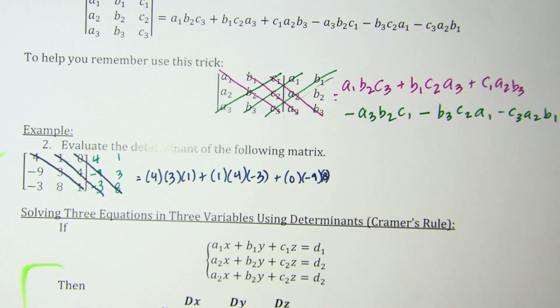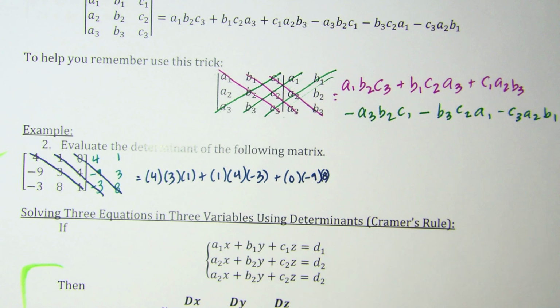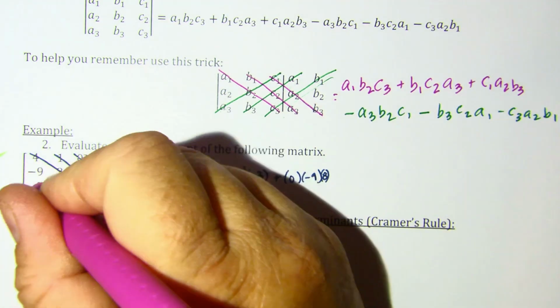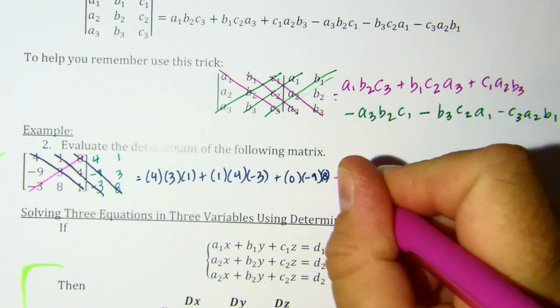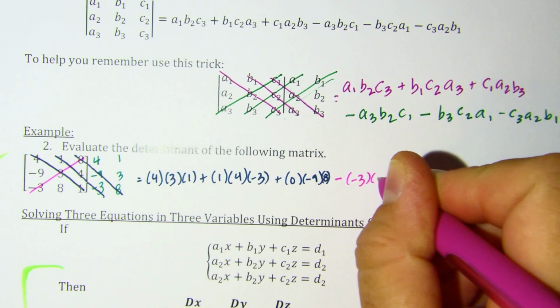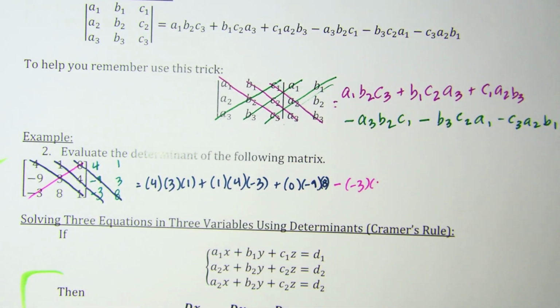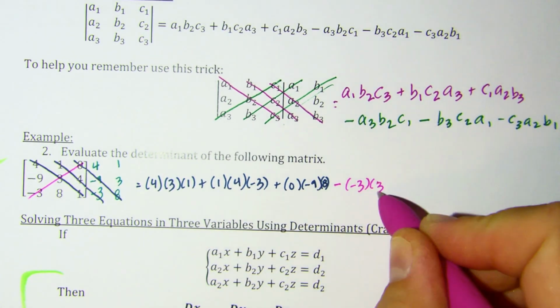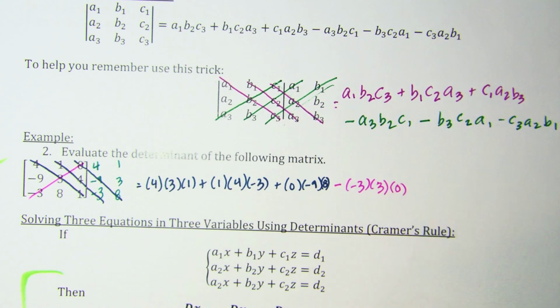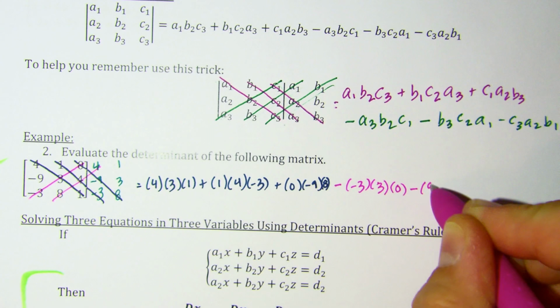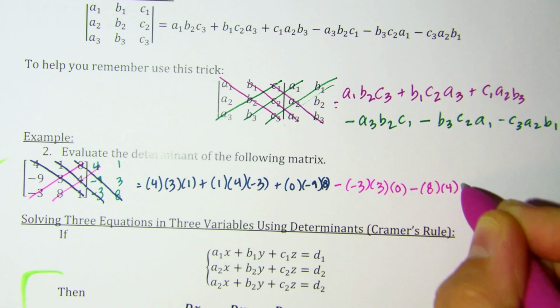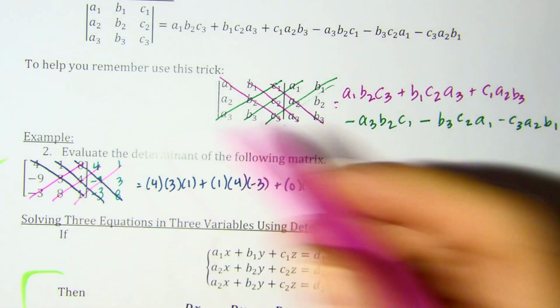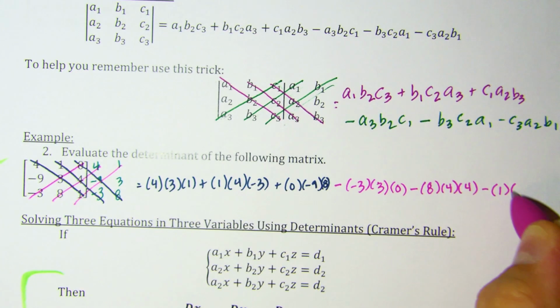And then we're going to go up the opposite diagonal, minus negative 3 times 3 times 0, and then minus 8 times 4 times 4, and then minus 1 times negative 9 times 1.